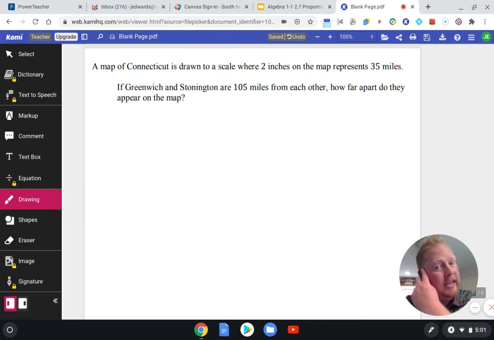A map of Connecticut is drawn to scale where 2 inches on the map represents 35 miles. If Greenwich and Stonington are 105 miles from each other, how far apart are they on the map? Okay, so let's see, how far apart? Let's say x equals distance on map.